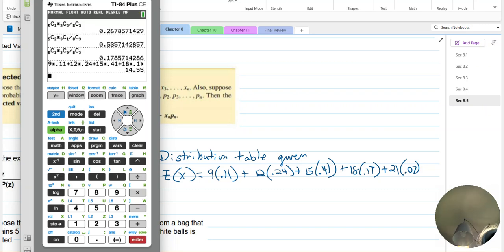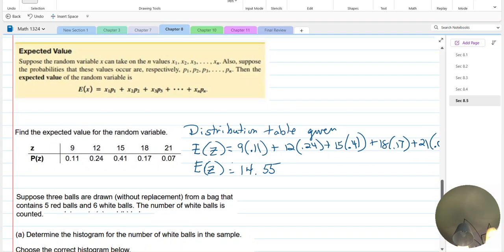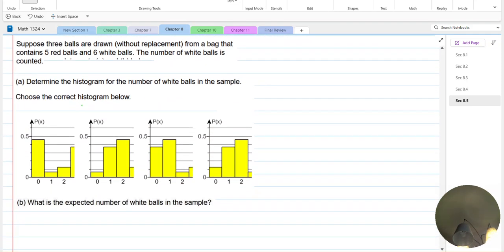And I get 14.55. Oh, and this is a Z. Sorry about that. Should be a Z. 14.55. All right. So now we have, again, that same presentation of the distribution in the form of a histogram.